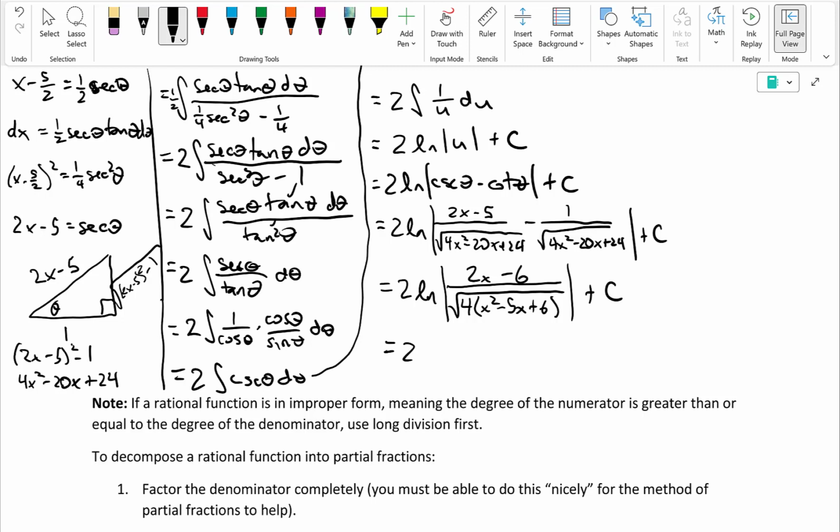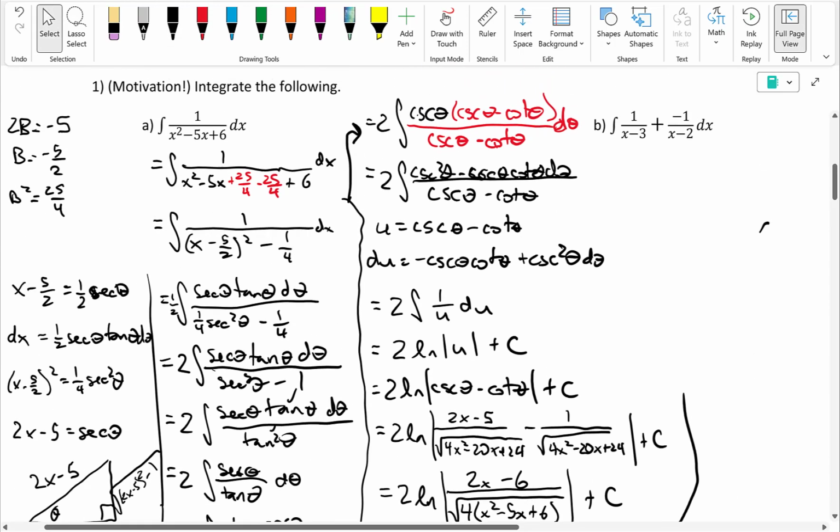And if we keep simplifying, 2 times natural log, we've got a 2 times the quantity x minus 3. In the denominator, we can take that square root of 4 out as a 2. And x squared minus 5x plus 6 would factor as x minus 2 times x minus 3. Keep the plus c. Back up.